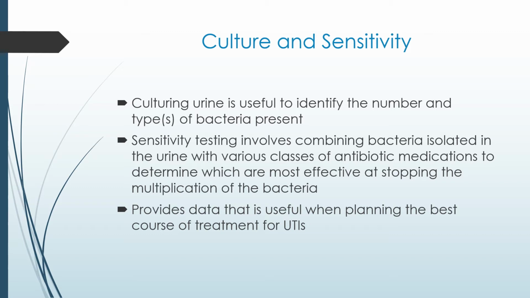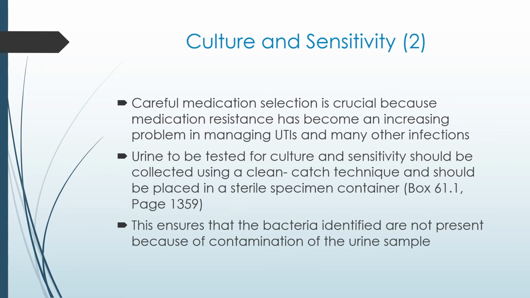If there is an R, it means that that bacteria is resistant to that antibiotic, and that antibiotic is not going to work. Careful medication selection is crucial because medication resistance has become an increasing problem in managing UTIs and many other infections. So we want to try and get it right the first time.